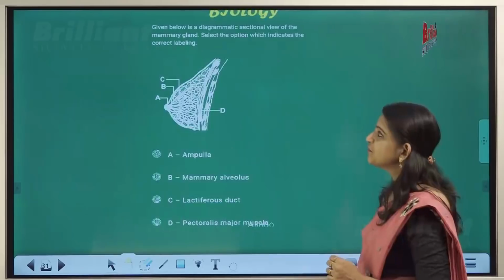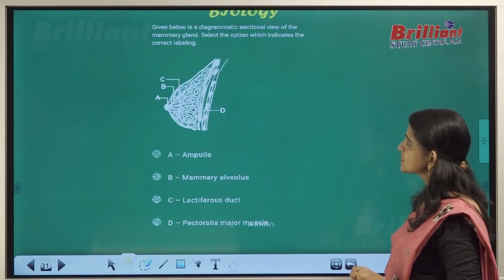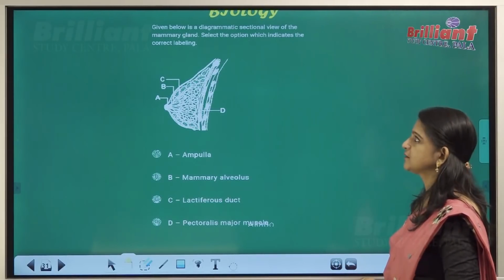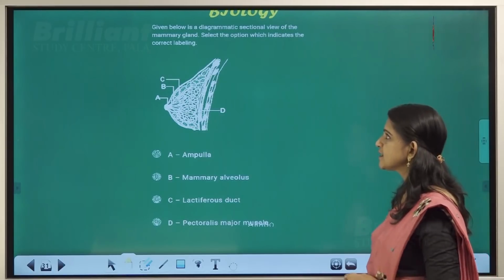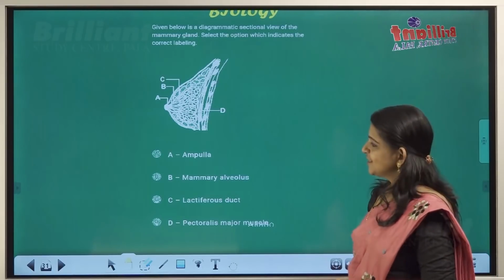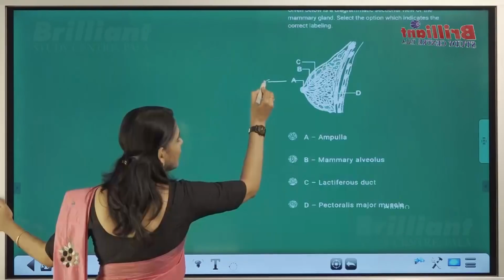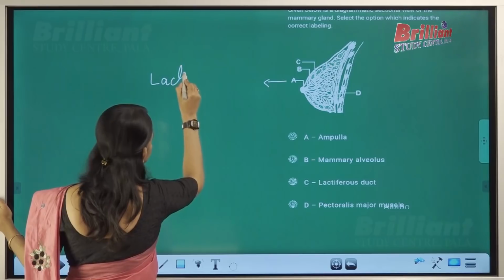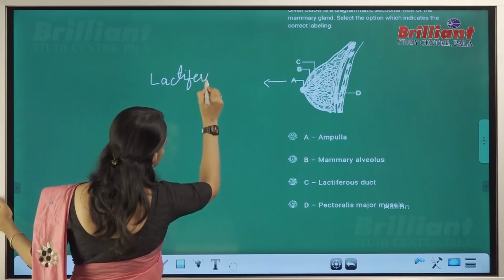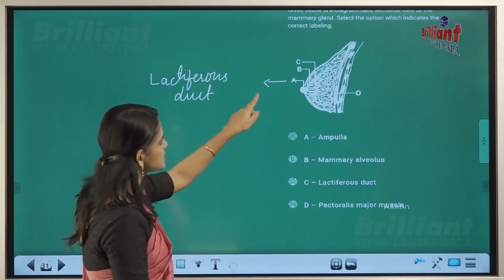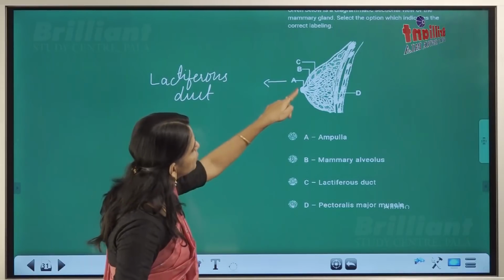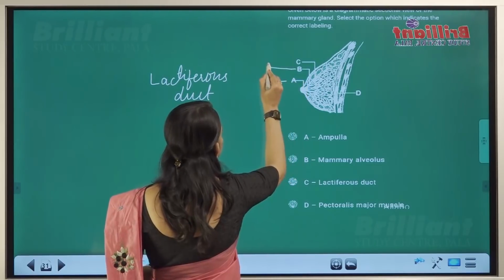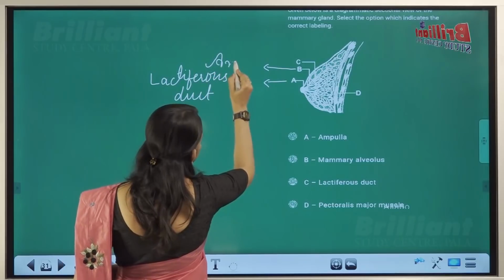Given below is a diagrammatic sectional view of the mammary gland. Select the option which indicates the correct labeling. Let's look into the picture first. A indicates lactiferous duct. What about B?